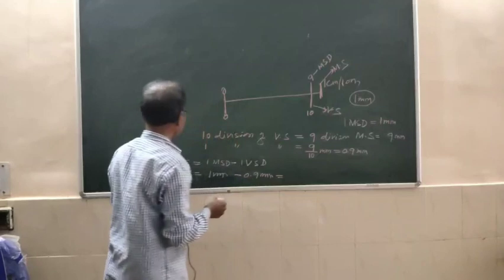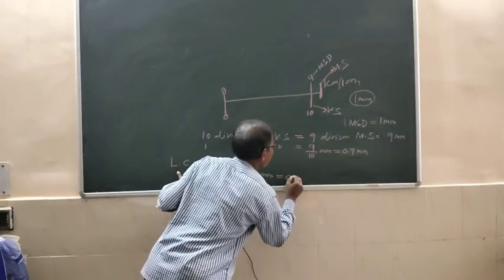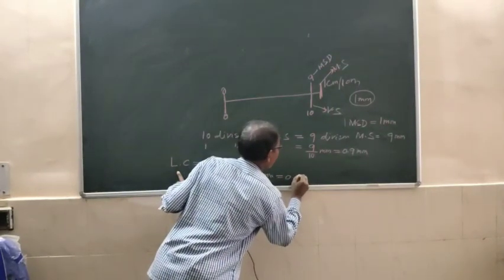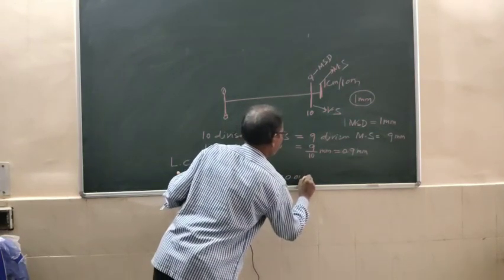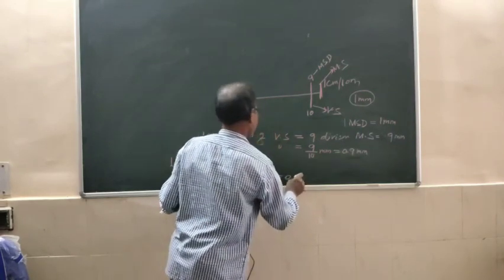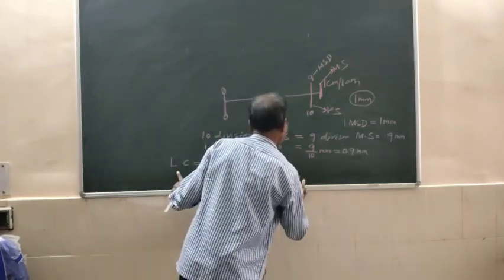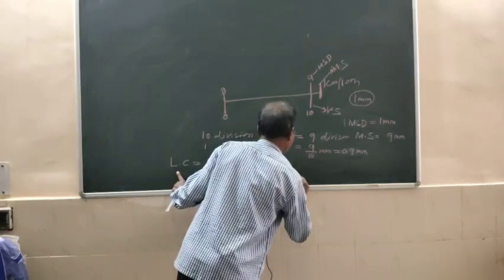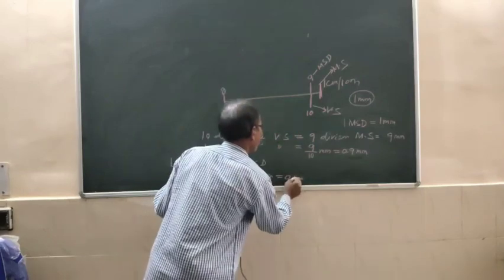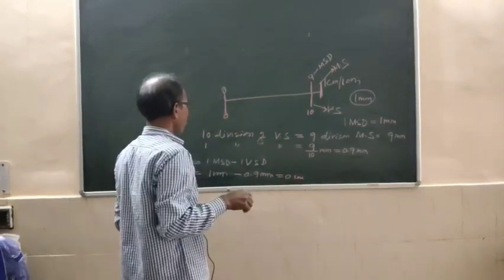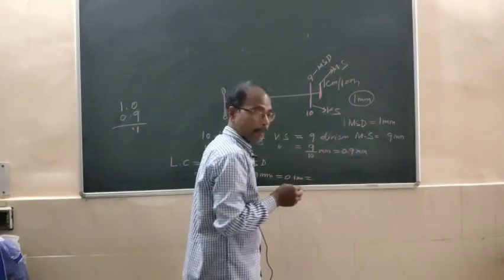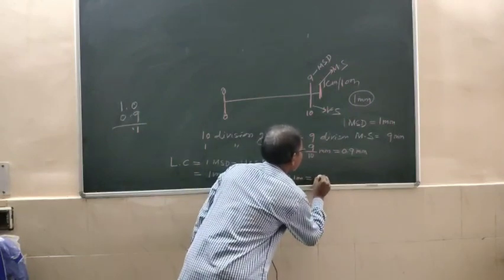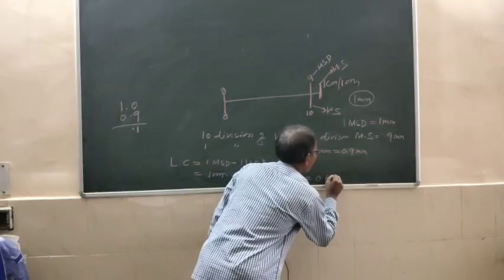So 1 mm minus 0.9 mm is equal to 0.1 mm, which is equal to 0.01 cm.